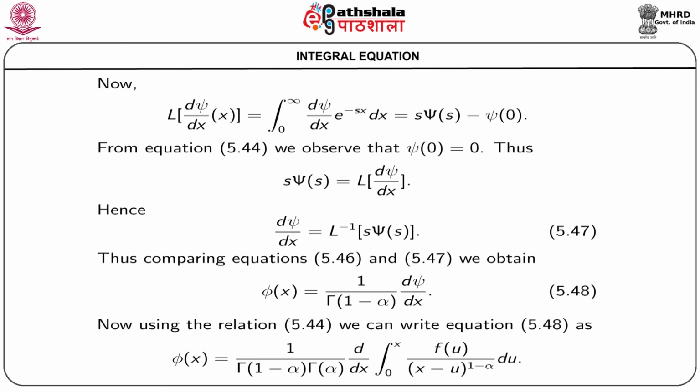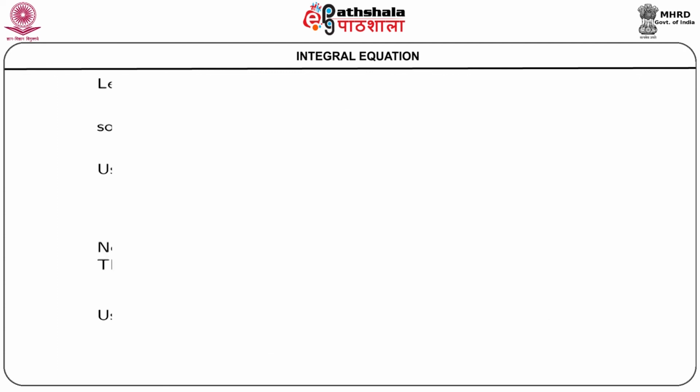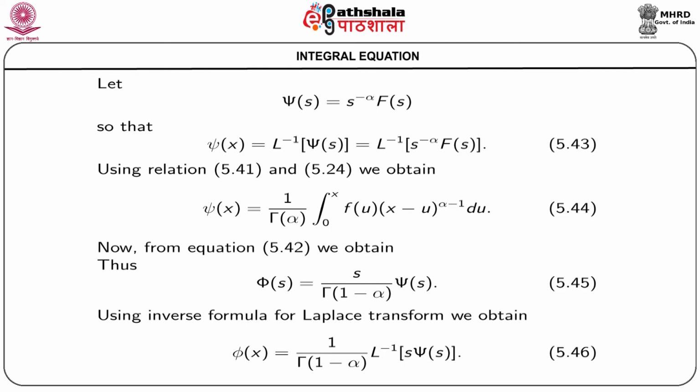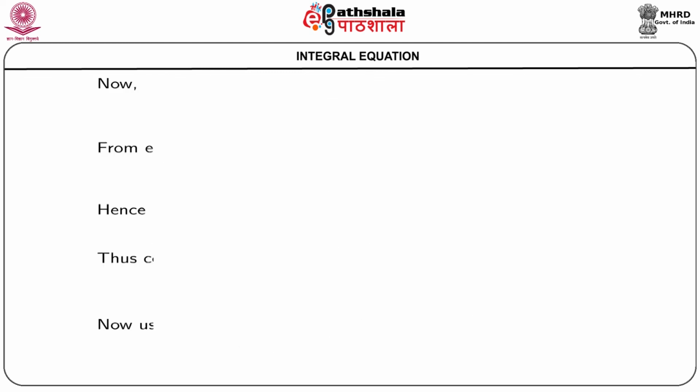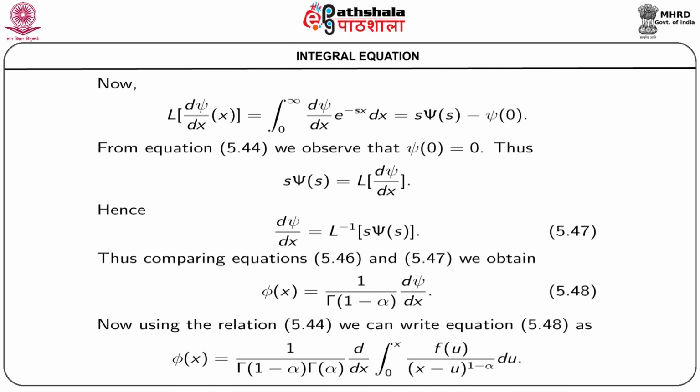So, from equation 5.46, we see that phi x involves the Laplace inverse of s capital psi s, and if we substitute the Laplace inverse of s capital psi s in 5.46, we get small phi x as 1 by gamma 1 minus alpha into d psi dx.